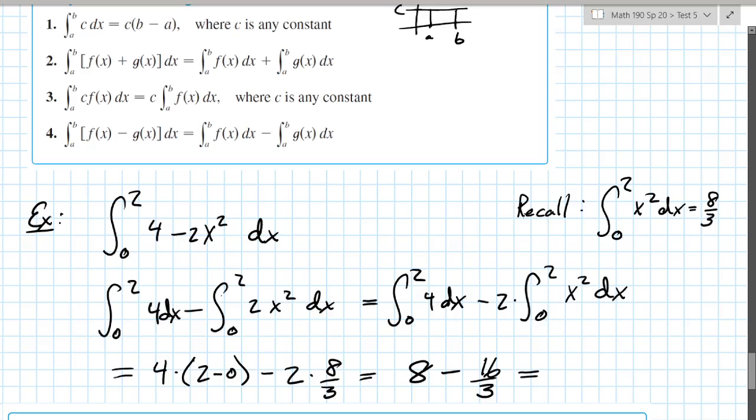Let's work that out. 8 minus 16/3 is 8/3. And that's our solution.